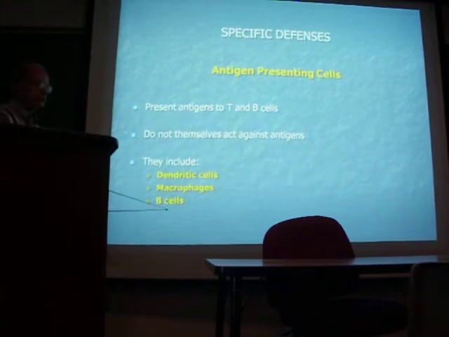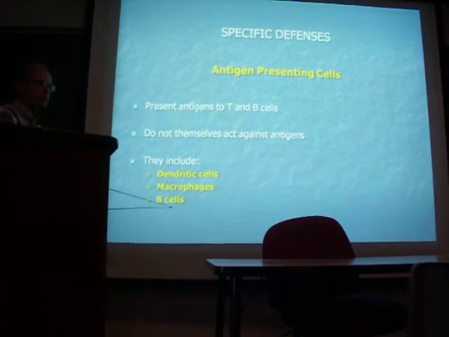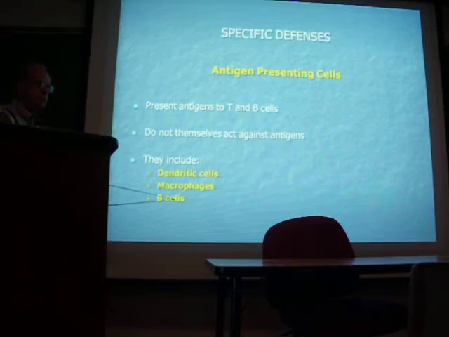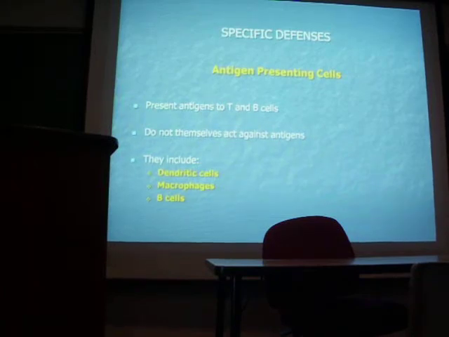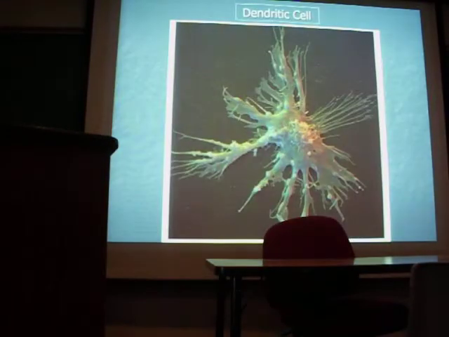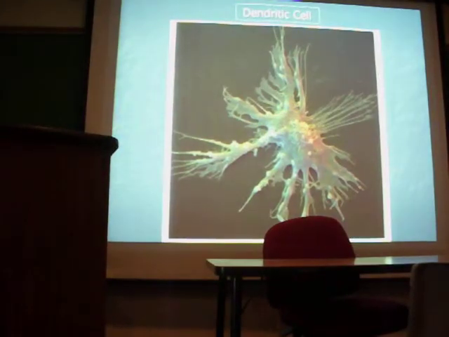So when we get to antibody-mediated immunity, we'll come back to this and show you how B cells present antigens to helper T cells. All right, so here is an electron photomicrograph of a dendritic cell.